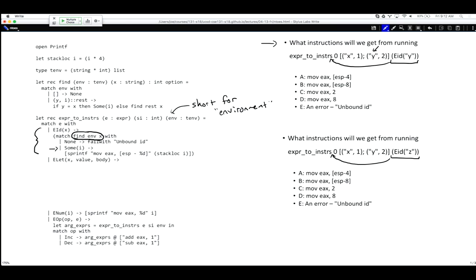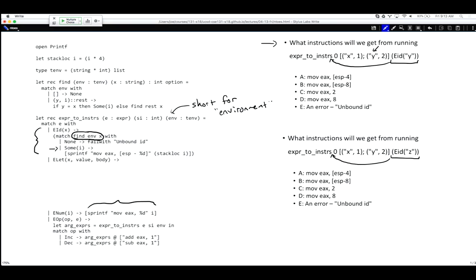The sprintf is in a list, which is kind of odd. So the reason that's in a list matches what we did on Wednesday. The idea is we could just concatenate together all these strings with new lines, but it's nice to say that this step of the compiler returns a list of instructions, just because a list is a slightly nicer, more structured thing to return.